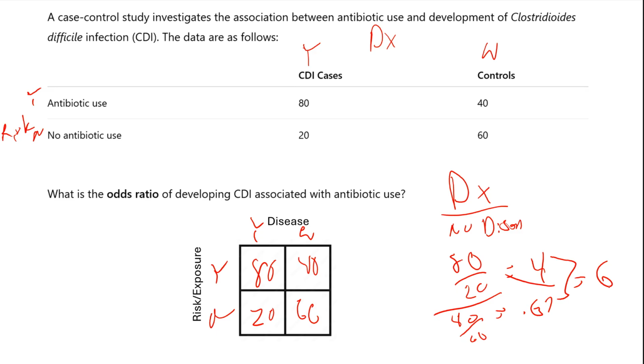What does that mean? That means that people with C. diff are 6 times more likely to have had antibiotics exposure. I cannot make that definitive assessment that people with C. diff had antibiotic exposure. It is 6 times more likely that they would have had antibiotic exposure. And that is odds ratio.